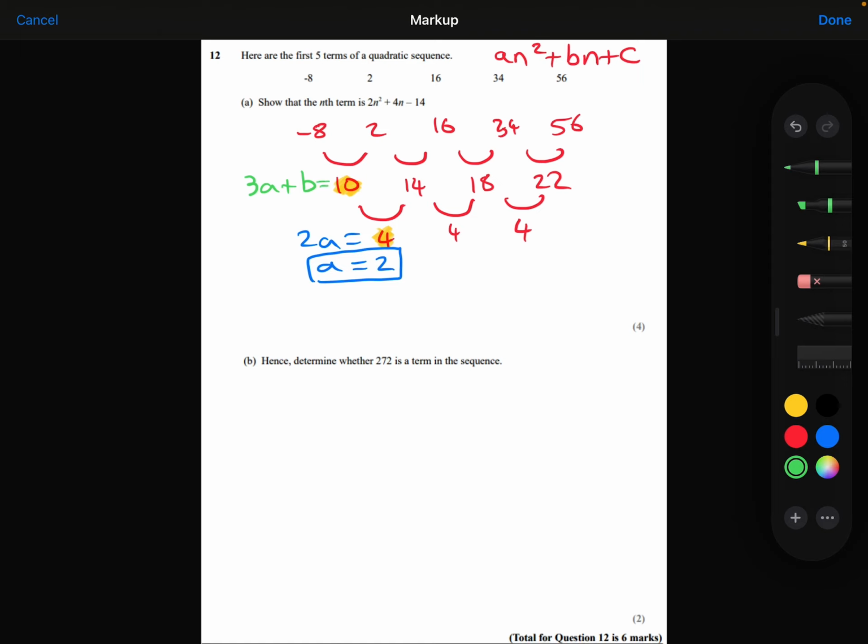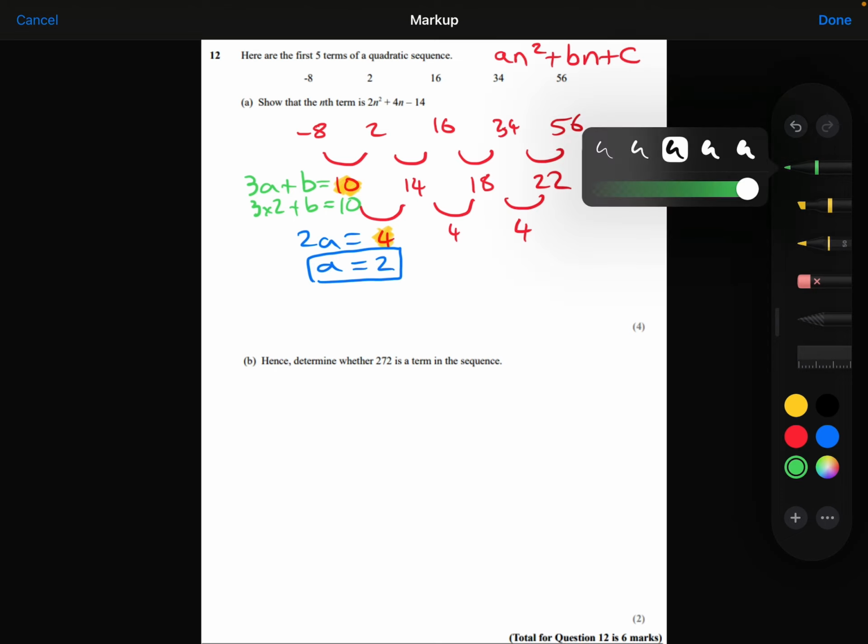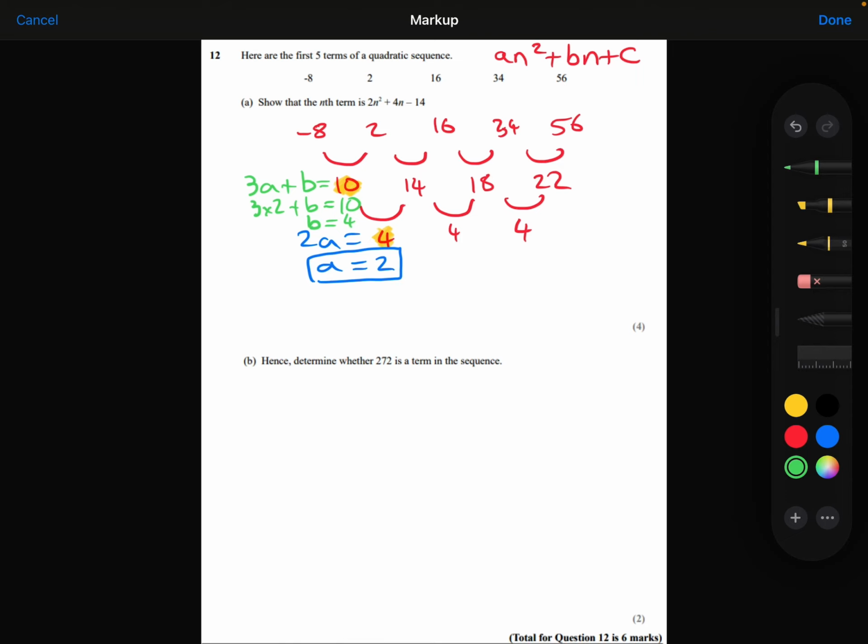And I've just previously worked out that a is 2. So 3 times 2 is 6, plus the b is equal to 10. So subtract the 6 away from both sides and I find that b is 4.